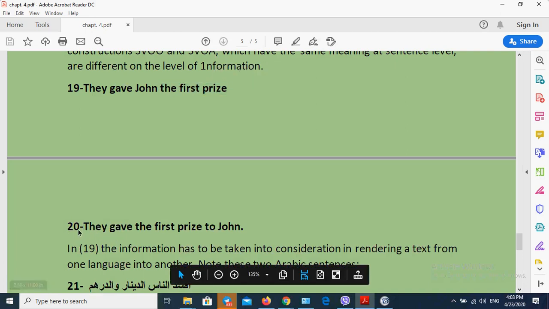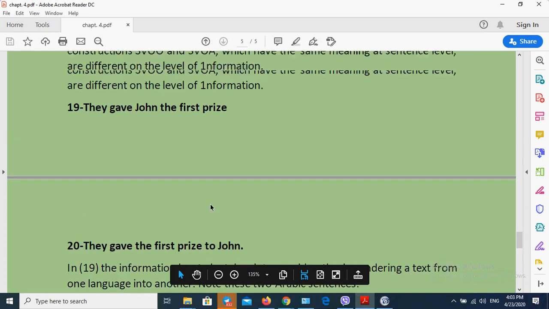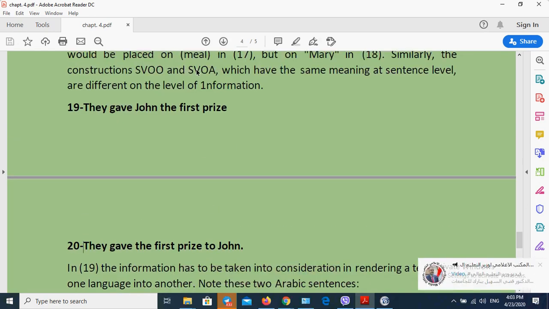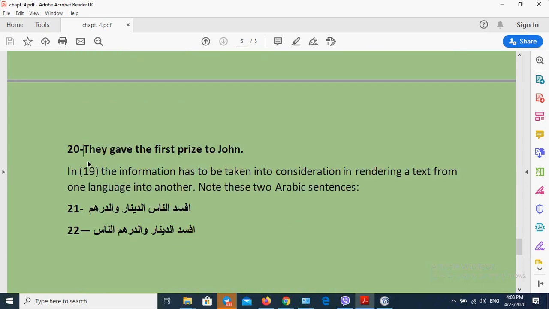We have number 20. They gave the first prize to John. Subject plus verb plus object plus adverbial. This is the subject, this is the verb, this is the first prize, the direct object, and here the adverbial.